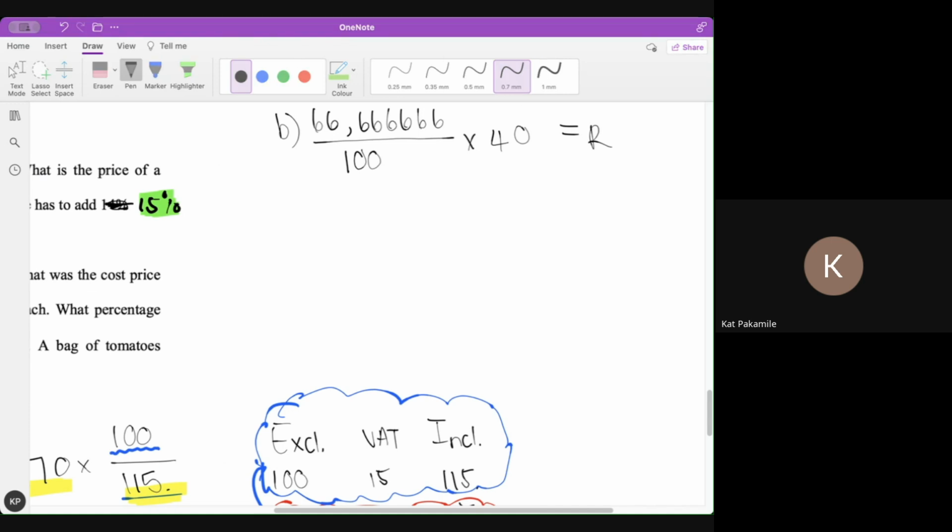What's 66 and 2/3% of 40? Anyone? Are we struggling to put the 2/3 into our calculators? There we go. 26 Rand 67 cents. Okay.